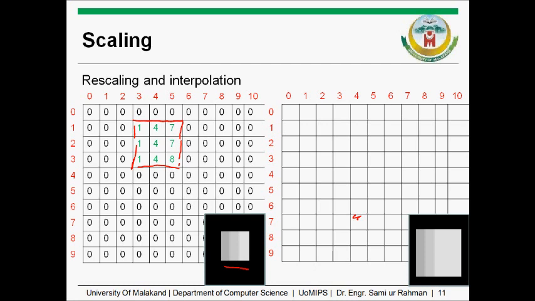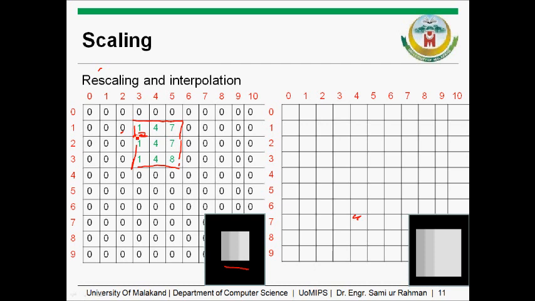This pixel in this image has coordinates 1 and 3.